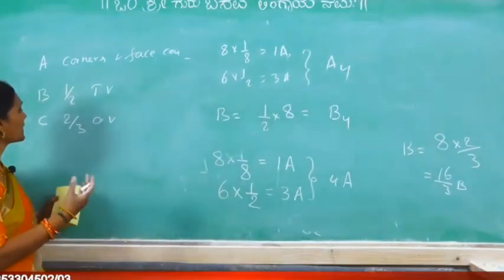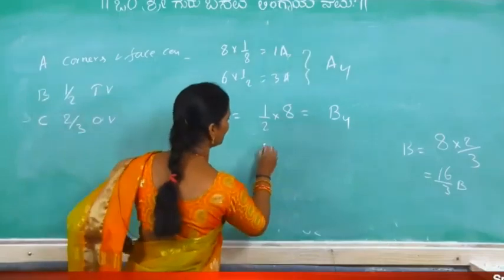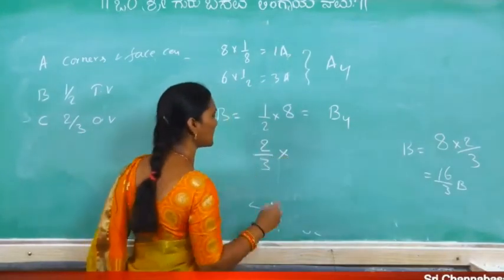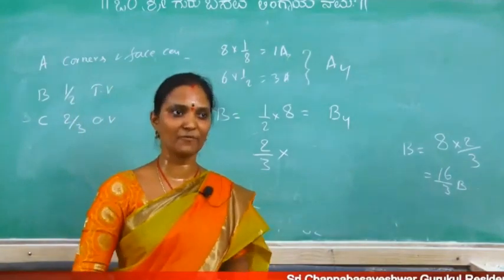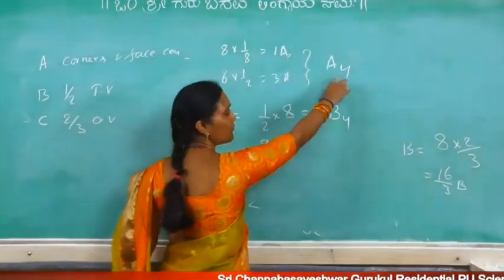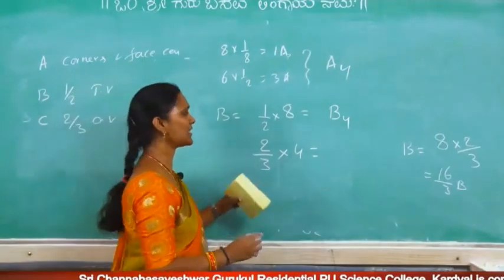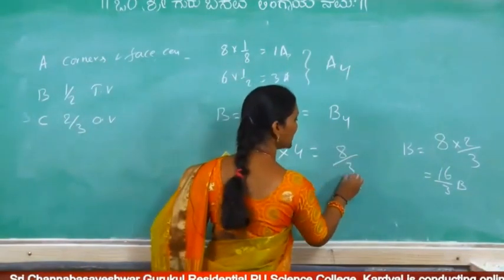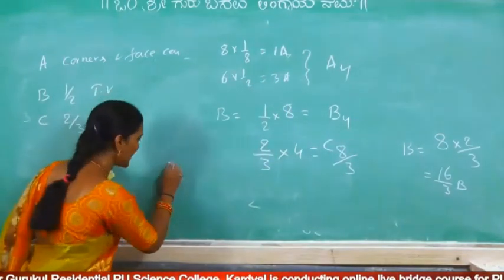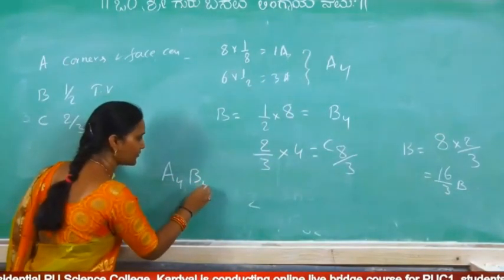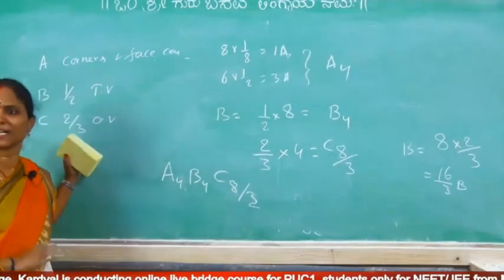Okay. Now, C occupies octahedral voids. How many octahedral voids? 2/3 of the octahedral voids. The number of octahedral voids is equal to the number of particles. How many particles? 4. Now it is equal to 8 by 3. C 8 by 3. Then the formula is A4, B4, C8/3. To remove these fractions, multiply with 3.